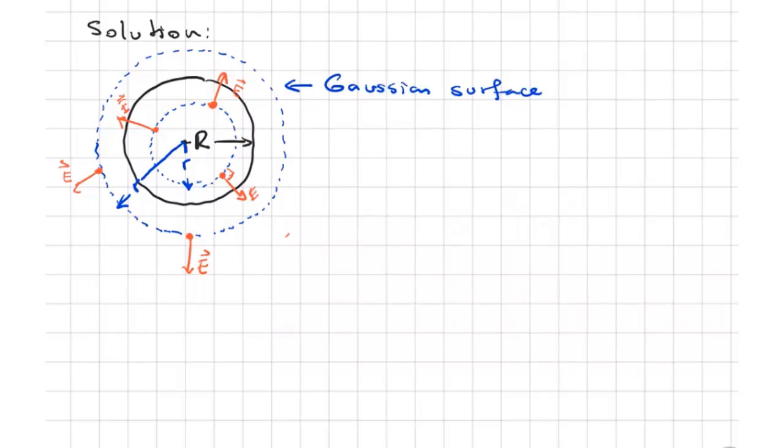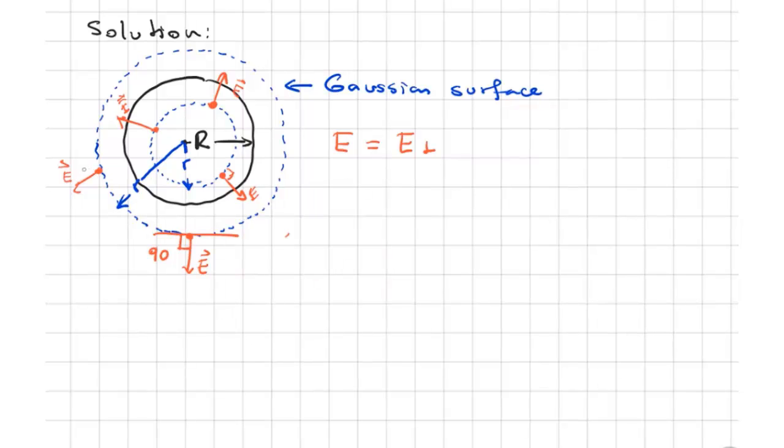We can see that the electric field at every point is equal to the perpendicular component of the electric field. Why? Because at every point the electric field makes an angle of 90 degrees with the surface.